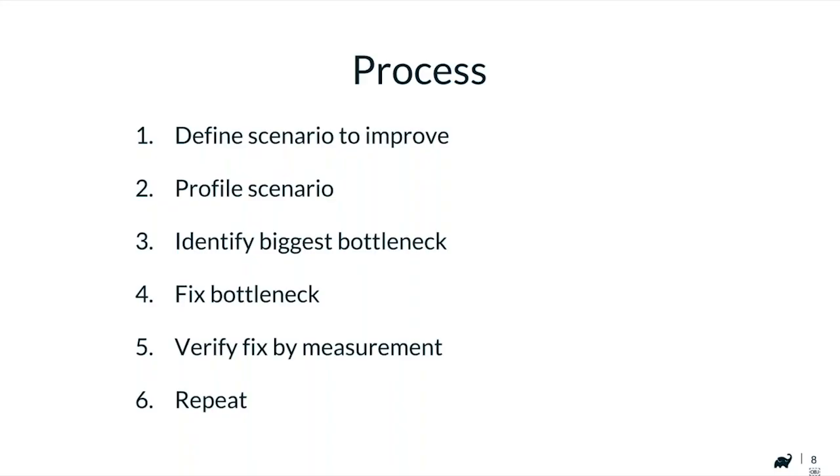Don't dive in and change this, change that, just do random fixes from Stack Overflow or whatever presentation. Define what you're trying to improve. Like, I'm trying to improve when I do a single line change in this library and then I do an incremental assemble. That's my scenario. I want to make this, I don't know, below 1 second or whatever your goal is, right?